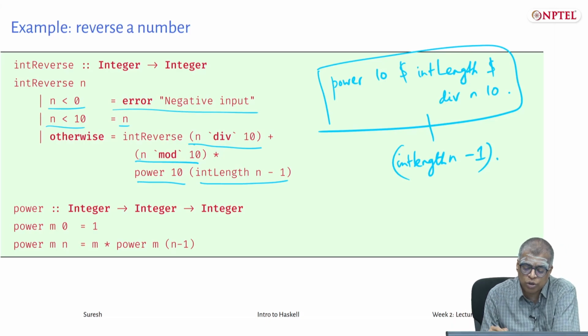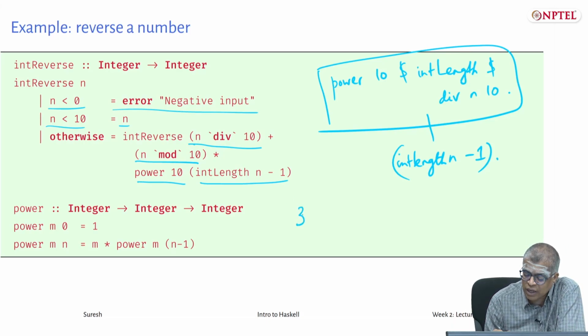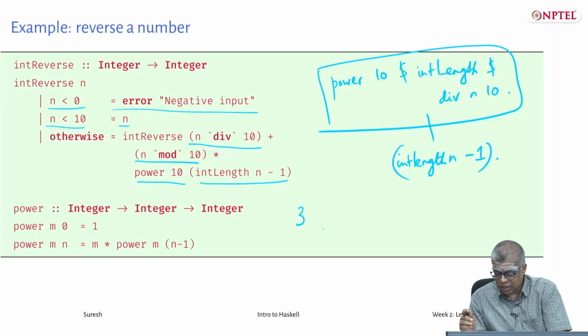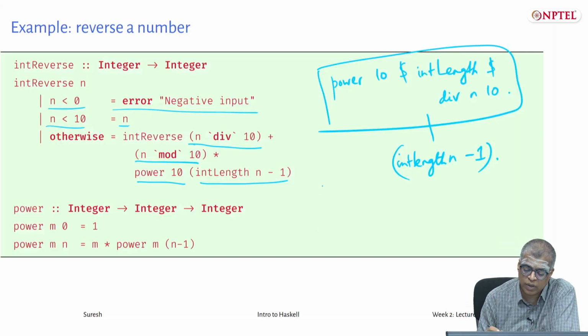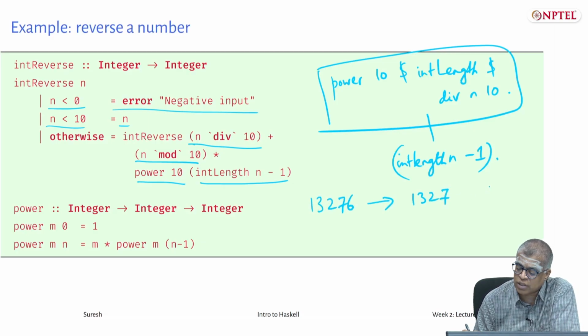Okay. So as we said in the earlier example, what was the earlier example? 13276. You split it as 1327 and 6 separately. You reverse this, 7231. You determine its length, 4.